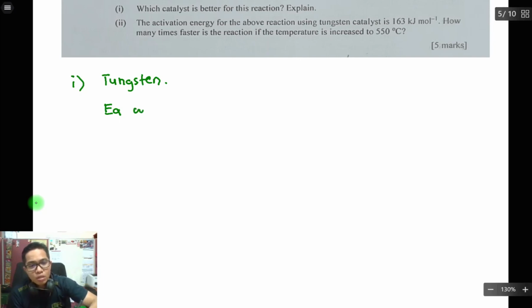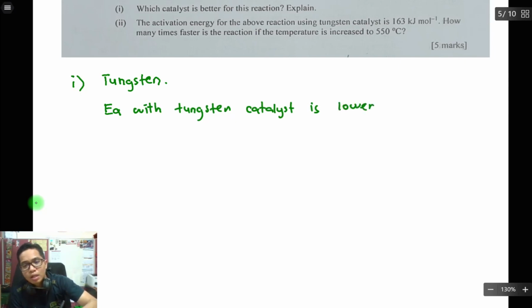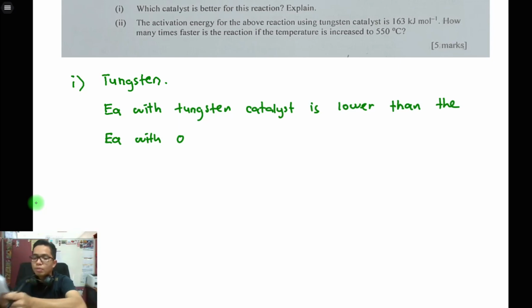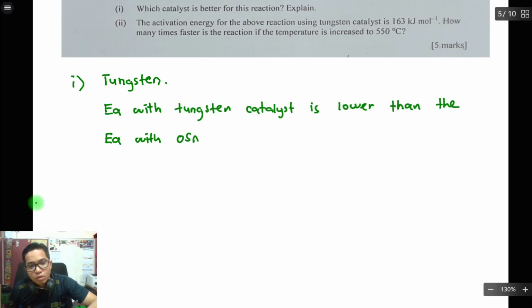Activation energy with tungsten catalyst is lower than the activation energy with osmium catalyst. Settle. So that is for question number 1.